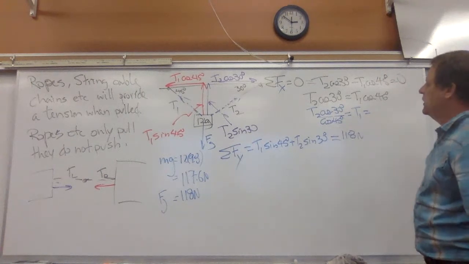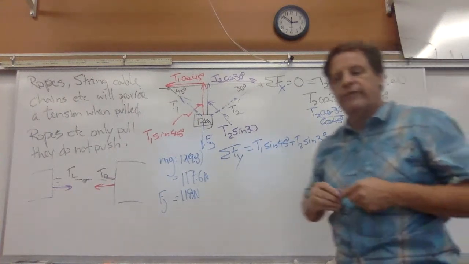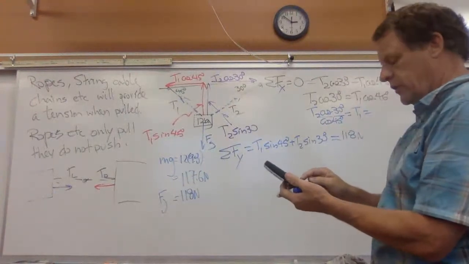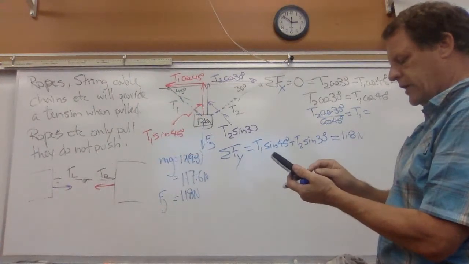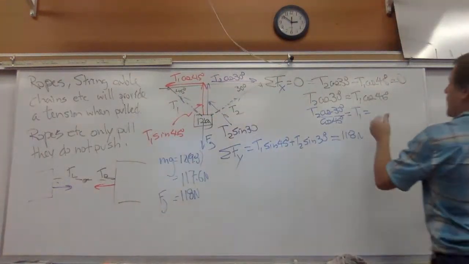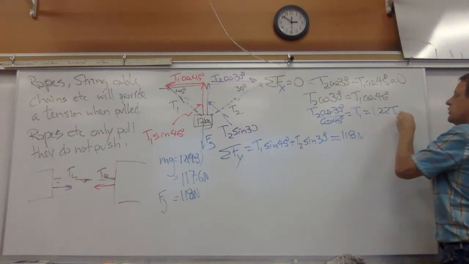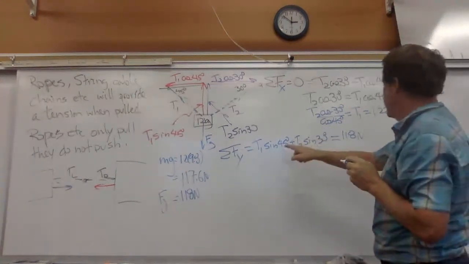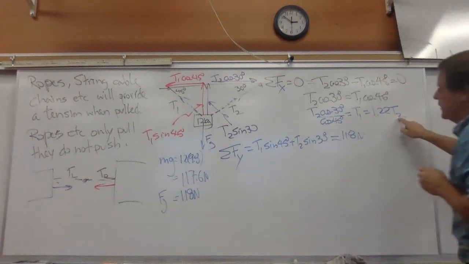And if we do the cosine of 30 divided by the cosine of 45, we end up with 1.22. So 1.22 T2 is equal to T1. And now we're going to substitute. Wherever we see T1, we're going to replace it with this 1.22 T2.